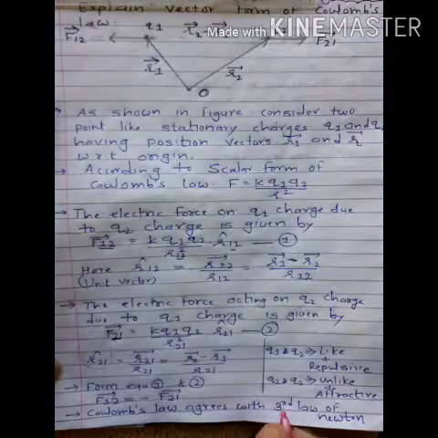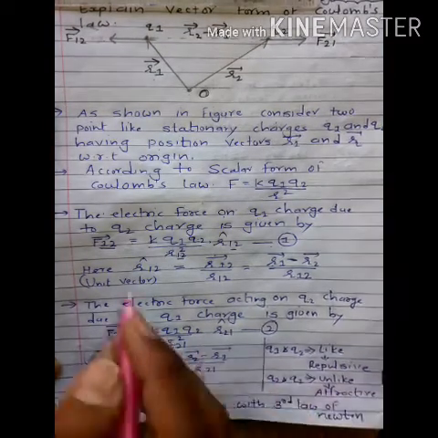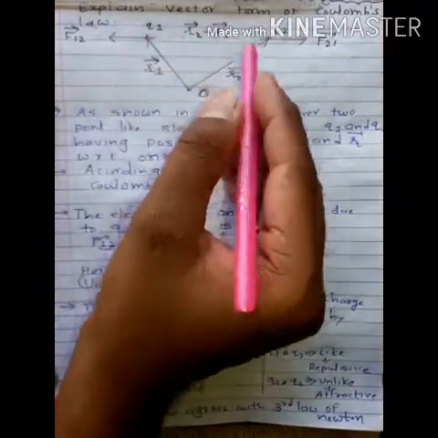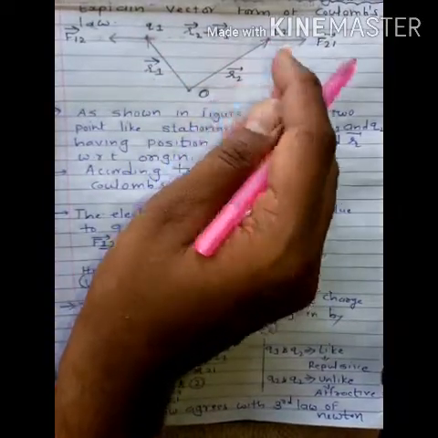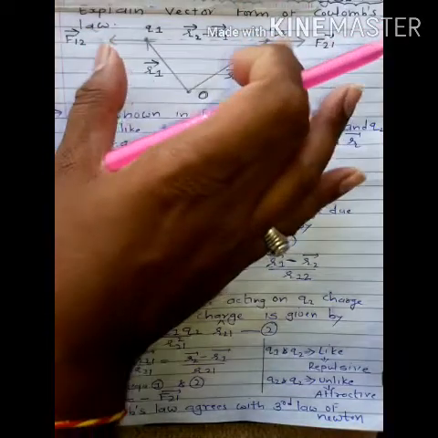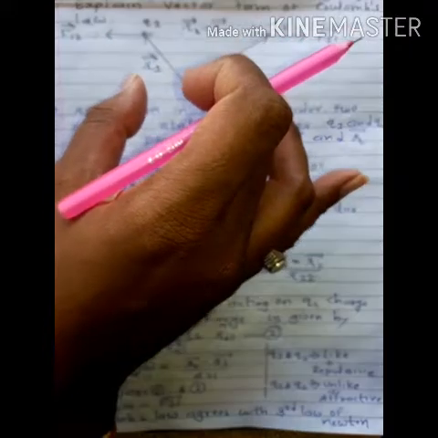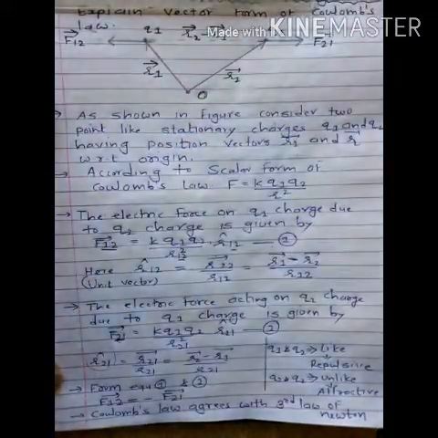And if q1 and q2 are unlike charges, if q1 is positive and q2 is negative, then an attractive force is produced. In this situation F12 and F21 both act towards each other.